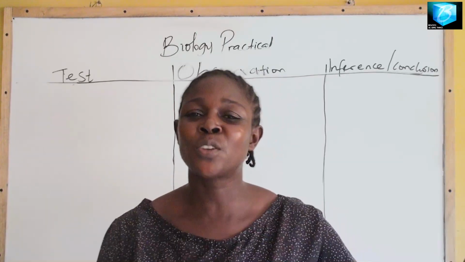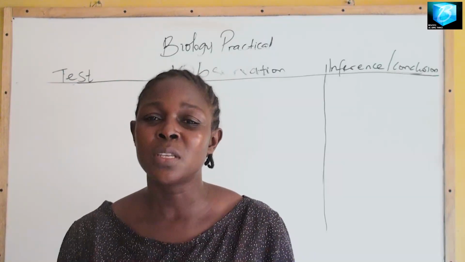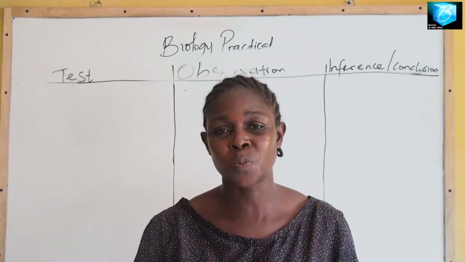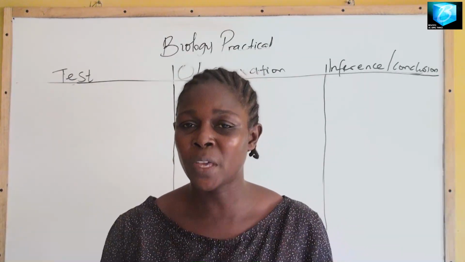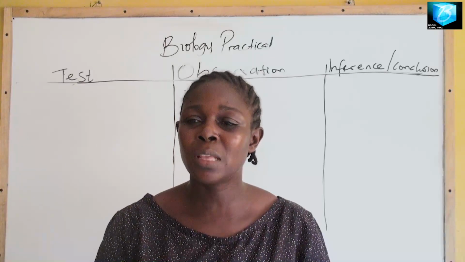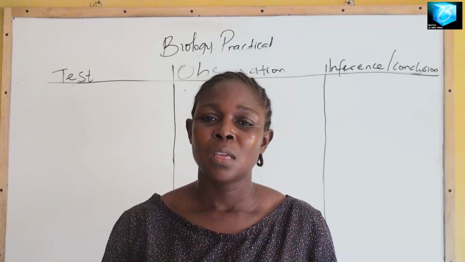By the time you want to write your conclusion, it's going to be simple sugar is present. I want to believe that you understand. There is no magic in it.